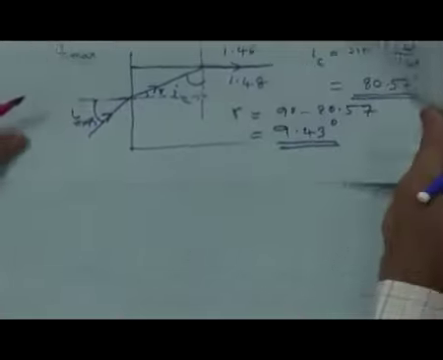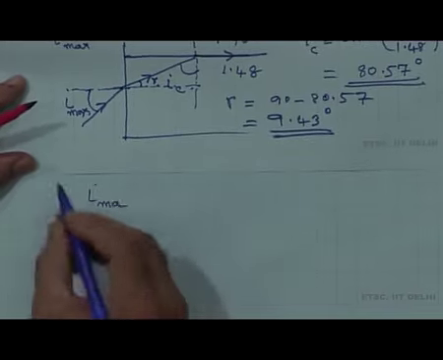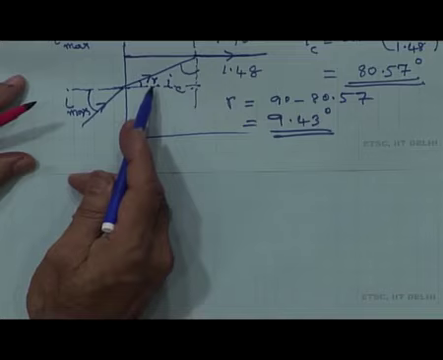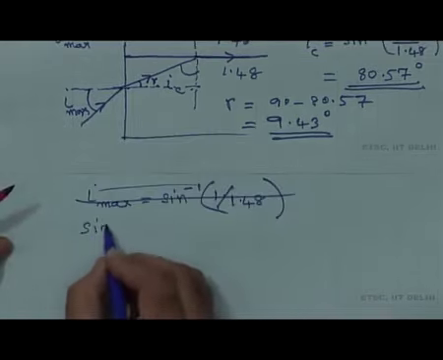So, sin I max divided by sin R is equal to N2 by N1.